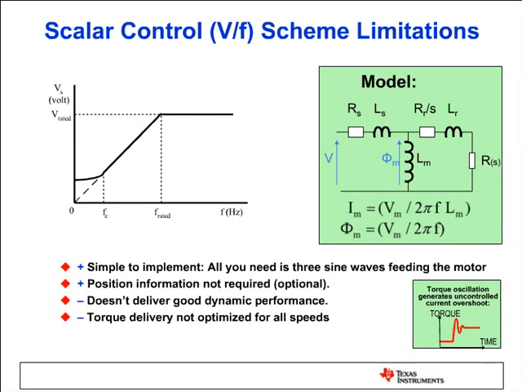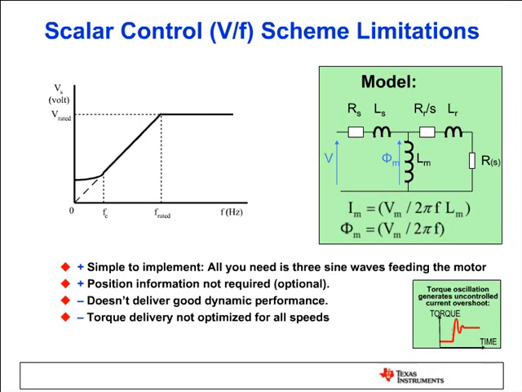We see a lot of oscillation in the transients because we don't have full control over the torque and flux components. We call it V by F because we try to keep the voltage divided by frequency ratio constant. This helps us keep the flux phi m component constant.